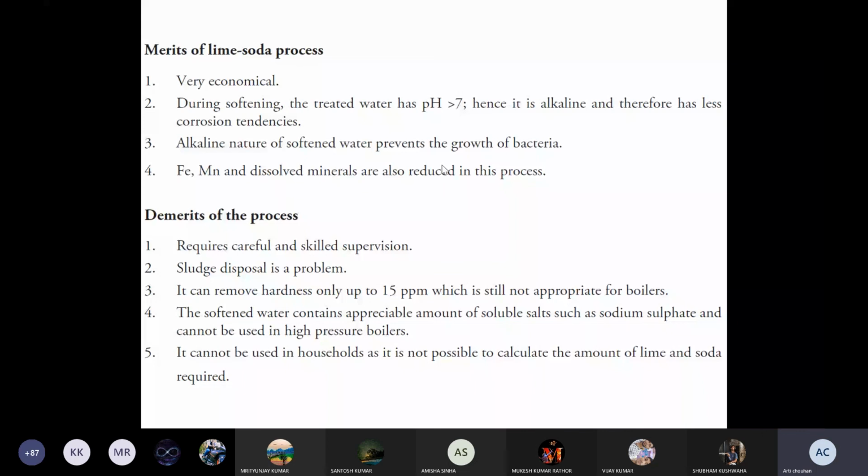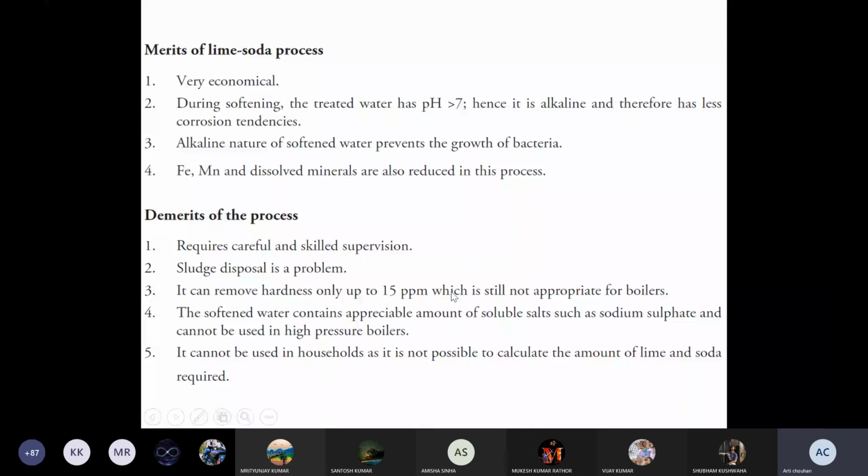And the demerits: it requires careful and skilled supervision. Sludge disposal is sometimes a problem. As residual hardness is there in the treated water, sometimes it is not appropriate for some special kinds of boilers, or some kinds of industry are not appropriate with that 15 ppm hardness.